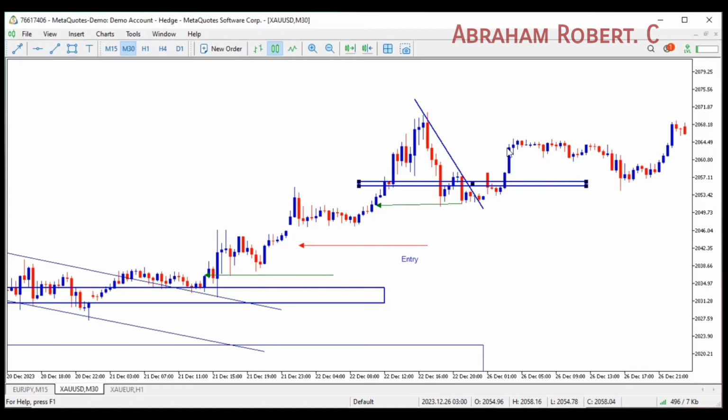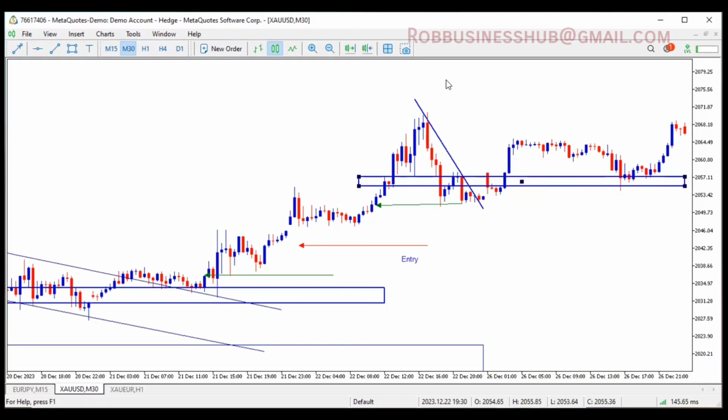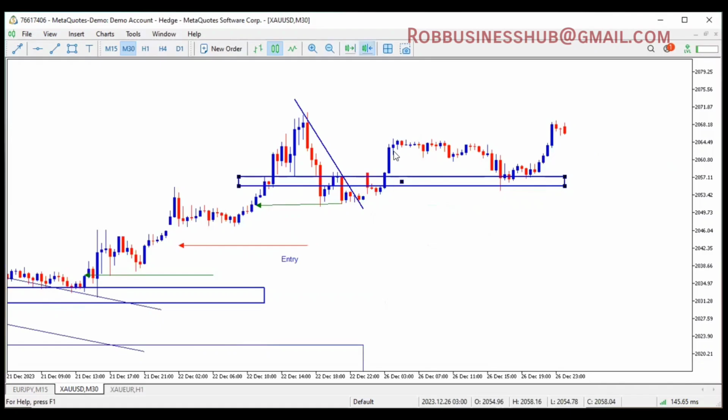Now, this is where many traders will start entering. But I told us always wait for a logical retracement or a full price action retracement. And look at what the market is doing. The market came back to this structure. Now it broke there. Now look at the retracement.